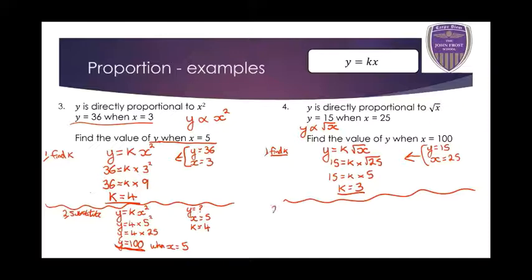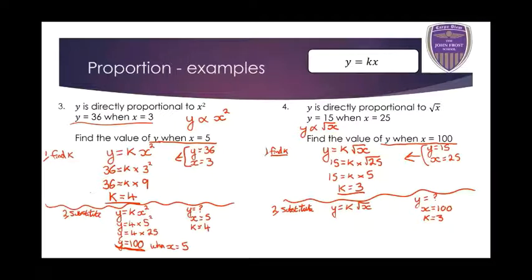So here we go. Second part of this now, we're going to substitute in our values. Again, y is equal to k times the square root of x. What do we know now? Well, the question now is asking us to find the value of y when x is equal to 100. So y is a question mark, x is 100, and we know our constant k for this question is 3, okay?